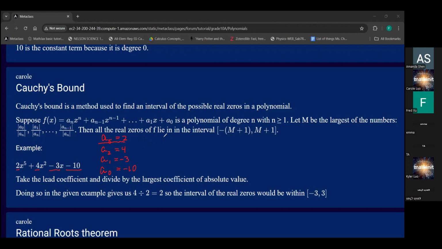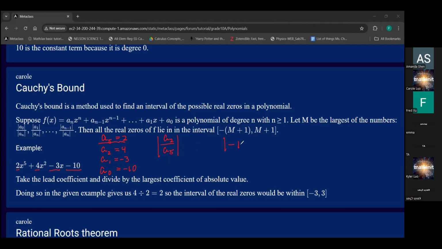So to rewrite Cauchy's bound, you basically just write a of 2 over a of 5. Okay, remember it is the absolute value of it. So basically, absolute value doesn't matter what the number is, it has to be the positive version of it.